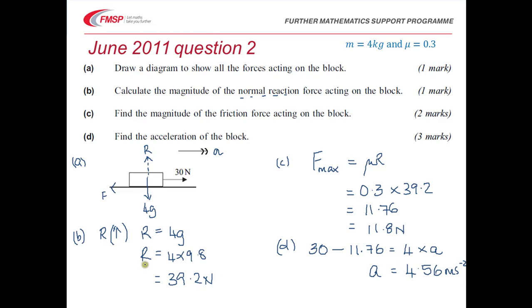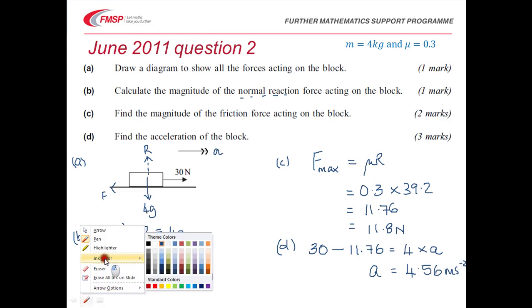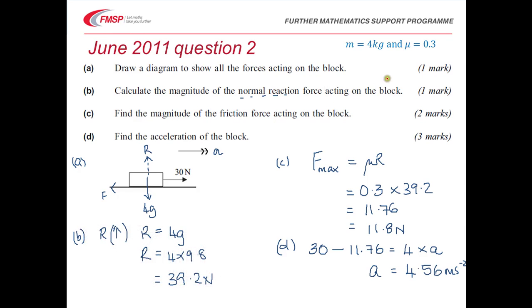So there were 7 marks in total for that question. If we just have a quick look and see where they were allocated, there was one statement mark for getting a correct diagram showing all your forces. There was then another B mark just for seeing that the reaction is equal to 4g, working that out. And then there was a method mark for using F equals mu R, and an accuracy mark for getting the correct value.